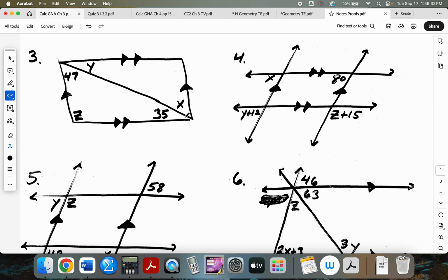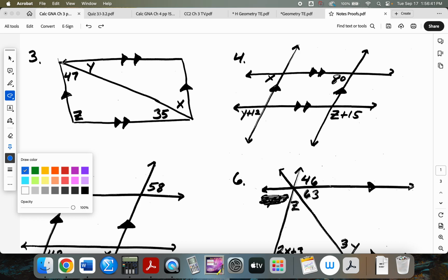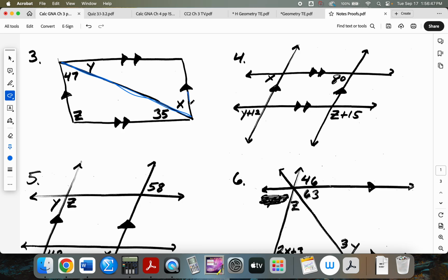We want to go across it. So we want to go this way. Let me change colors so you can see it. We want to go this way when we're trying to find x. We're going across this line and this line.